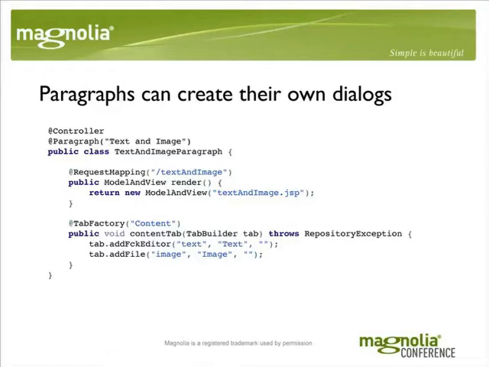You add methods for constructing tabs directly in your paragraph controller. You'll notice here that I'm no longer saying which dialog it is in the paragraph annotation, and there's no additional configuration here. Just add the annotated method, and this paragraph has a dialog. Which is nice.